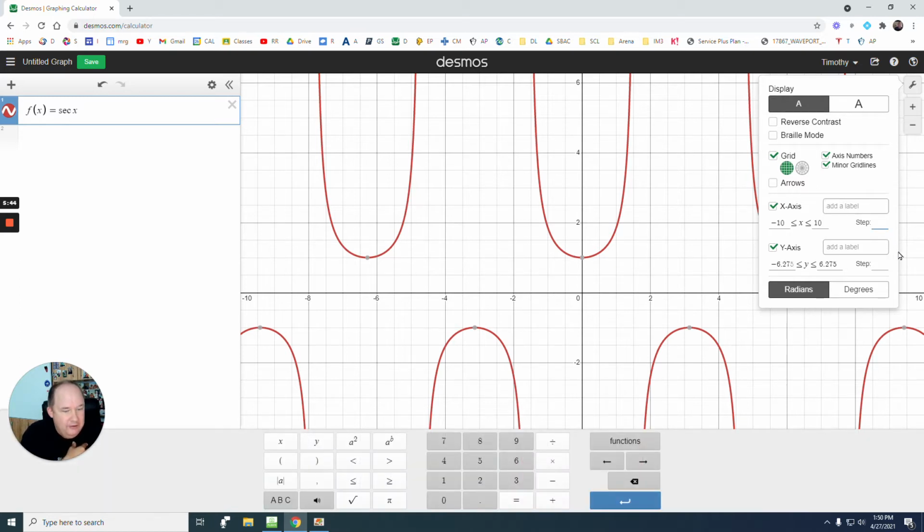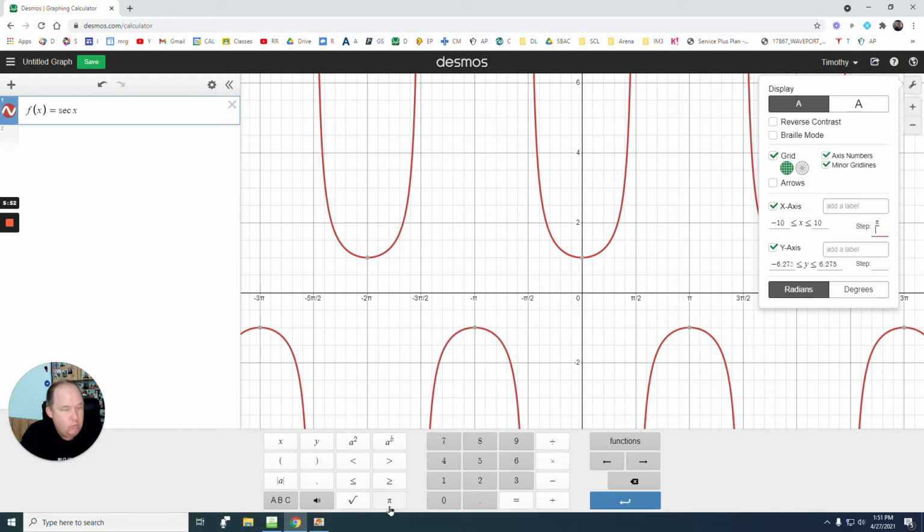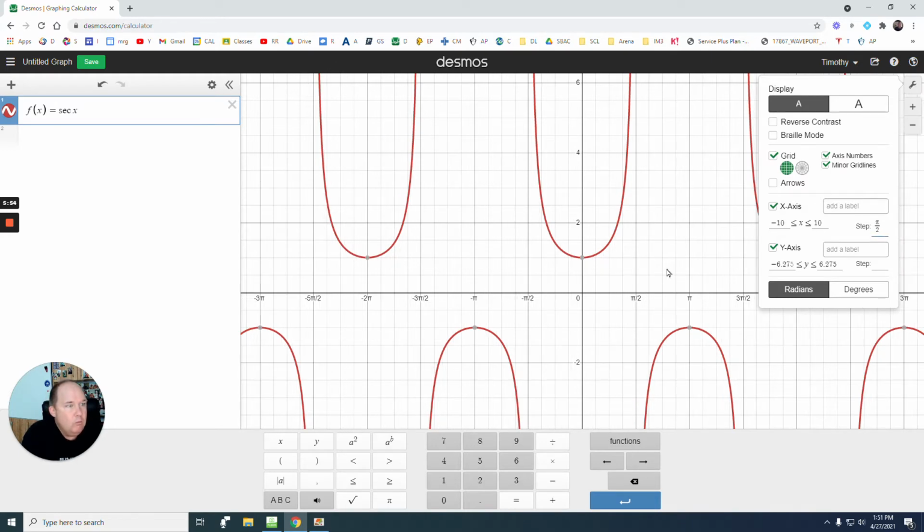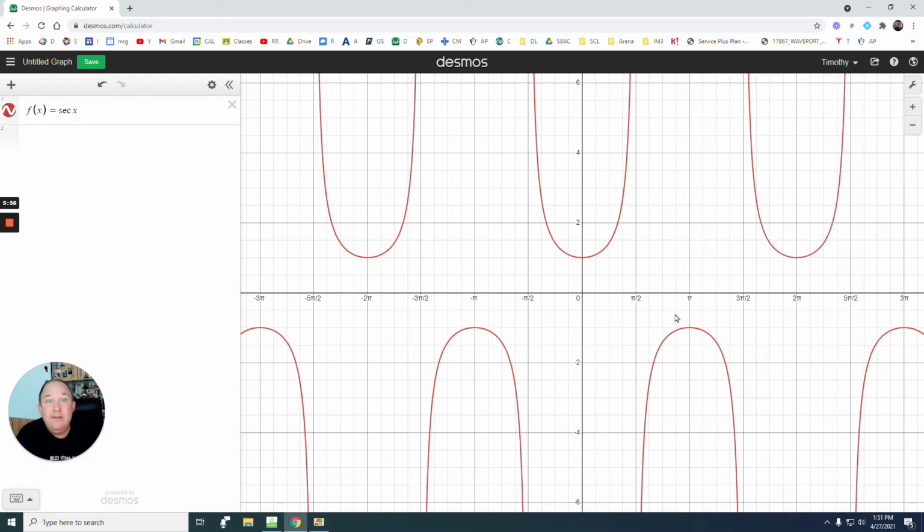You could change it to pi over 2, and then I think you'll see it better. So what's happening at pi over 2? On the left, it's going to infinity, and on the right, it goes to negative infinity.